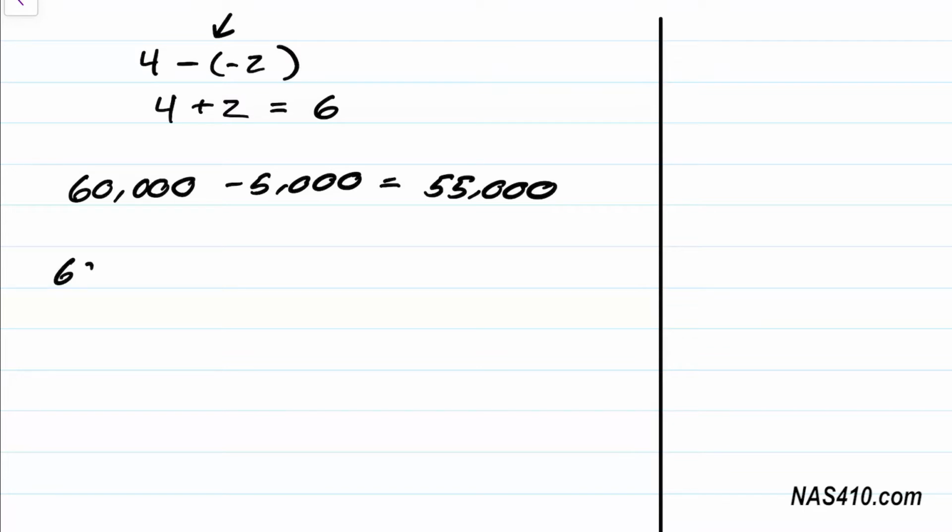I made $60,000 in a year, and I still had that $5,000 worth of student loan debt, okay? But I worked for an employer who had a student loan forgiveness program, and they paid it off for me. And so I could subtract that debt. And when I have two negatives, I turn that into a positive.